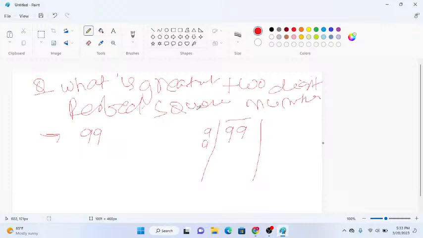So this is 9, this is 9, and here what? 9 9s are 81. Okay na? So now you add these numbers, 9 and 9, 80. And here 9 minus 1, that is 8, and 9 minus 8, that is 1. Okay. So 9 minus 1 is 8, and 9 minus 8 is 1. So this is 80.